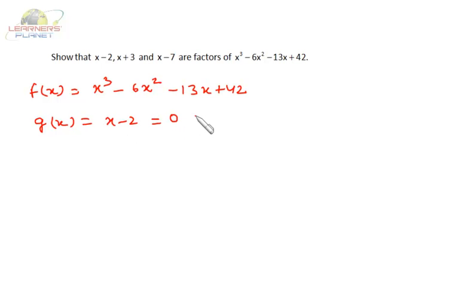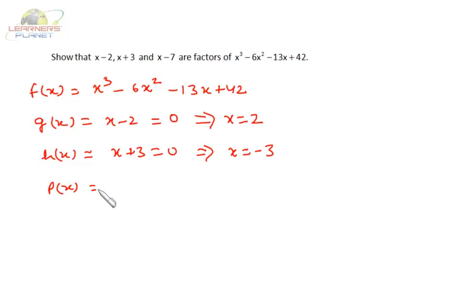Equate it to 0, so x is equal to 2. Then let it be hx, that is x plus 3, that is 0. That means x is equal to minus 3. Similarly, let it be px is x minus 7. We have to find out the 0 of it, so it will be x is equal to 7. Now we have to calculate f2, f of minus 3 and f of 7.